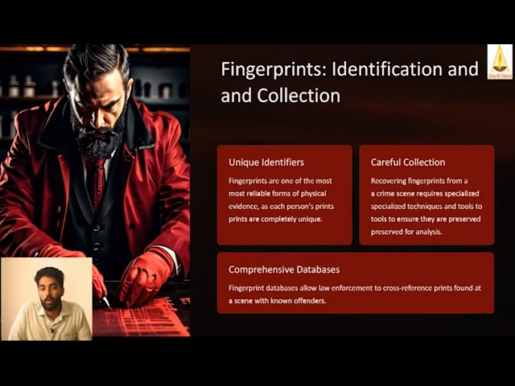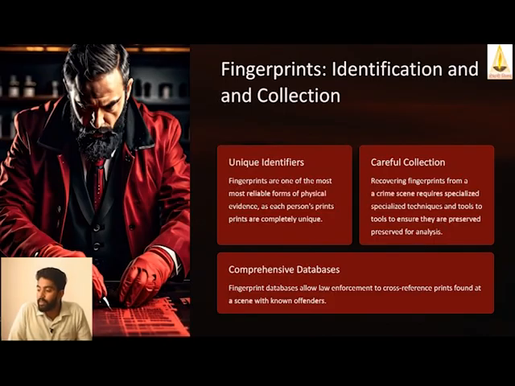Usually we follow two methods, the physical method or the chemical method. In the physical method, it's a powder technique where we use fingerprint powders to develop the fingerprint, and for chemical techniques there are also various options. Depending upon the surface where the print has been seen, we choose which method we should go for.